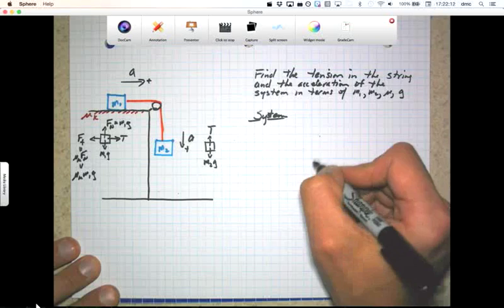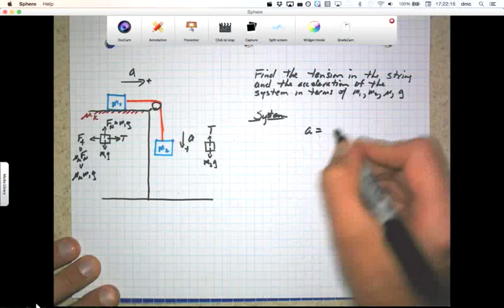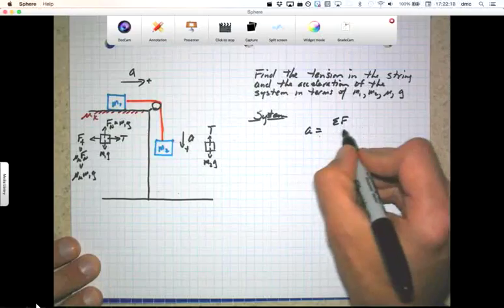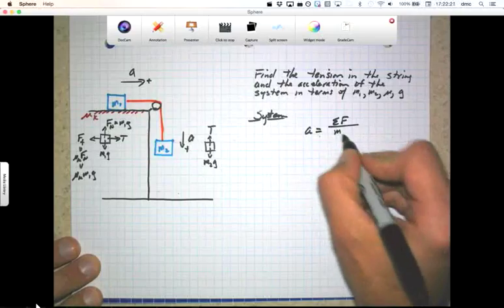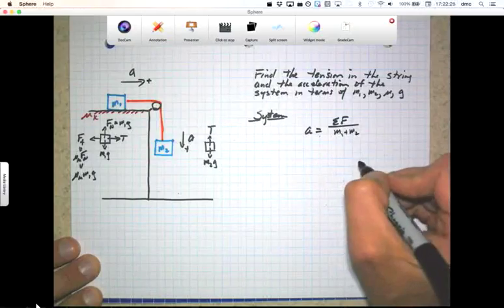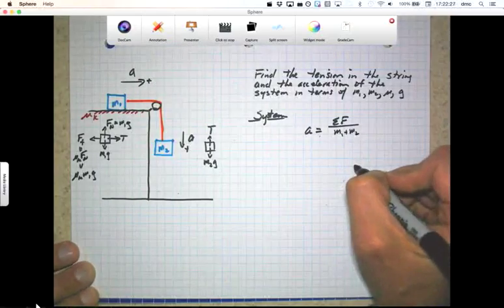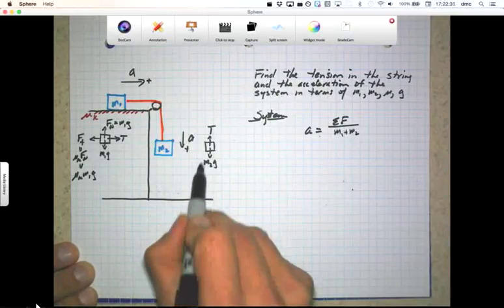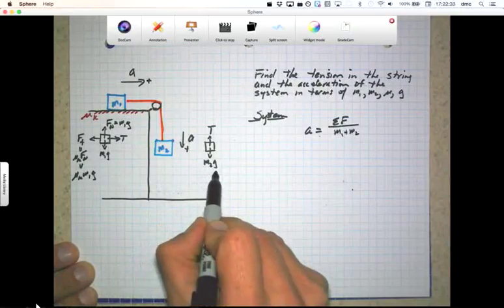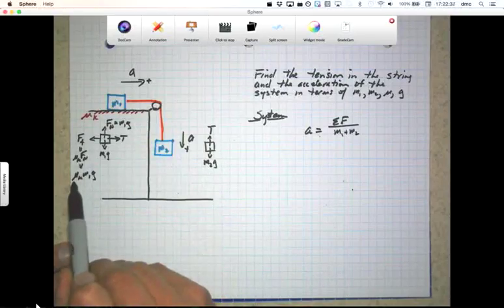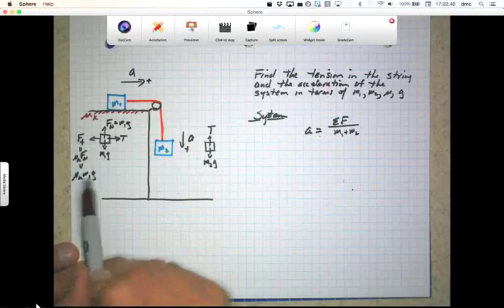So that acceleration is equal to the net force divided by the total mass. Now what forces are pulling on the system? In the direction of the acceleration is m2g. In the opposite direction of the acceleration is the friction force.